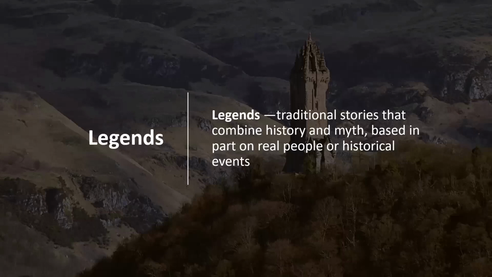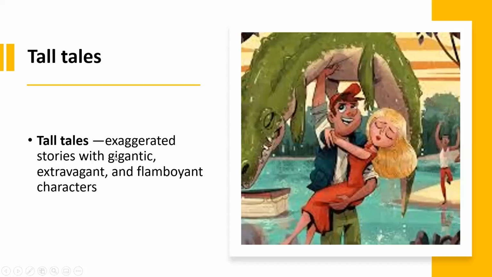Then we also have legends, traditional stories that combine history and myth, based in part on real people or historical events. We have tall tales, exaggerated stories with gigantic, extravagant, and flamboyant characters. Gusto to, di ba?